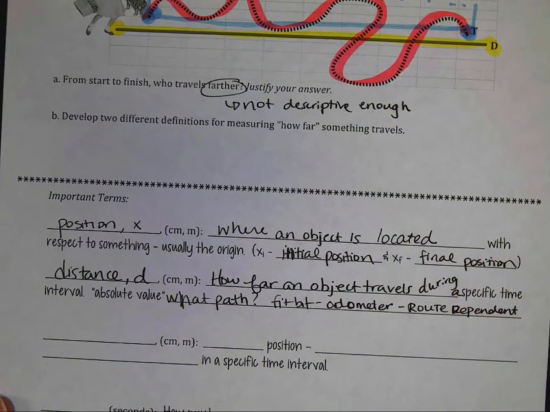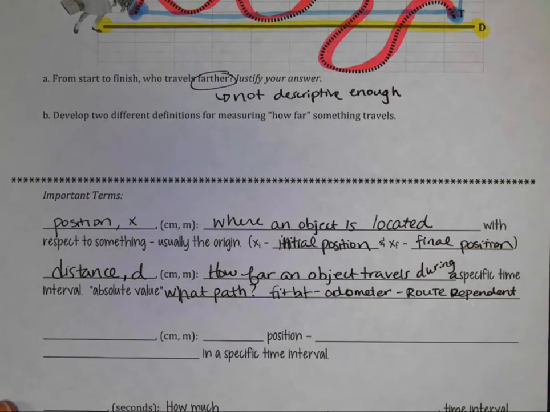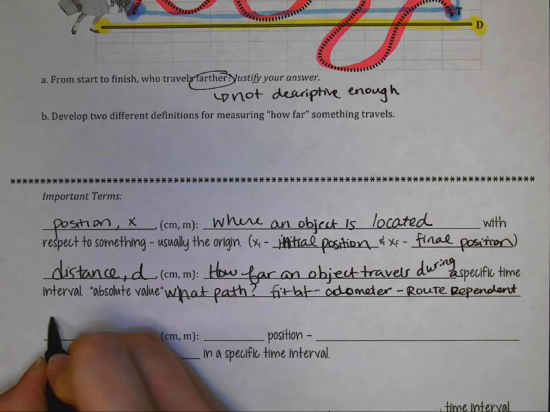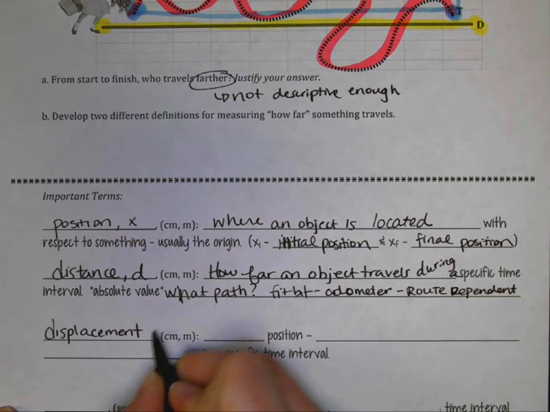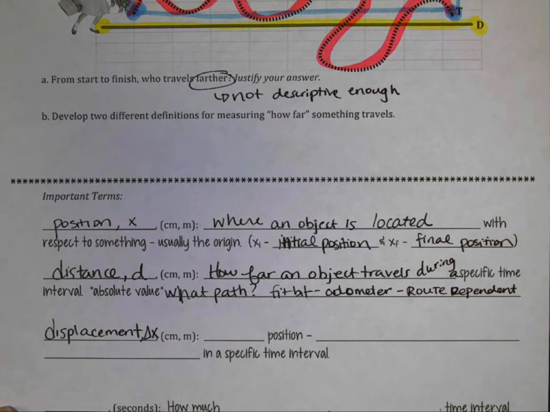All right, the one below that we'll save for displacement, abbreviated by delta x.